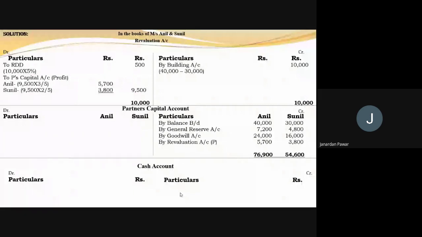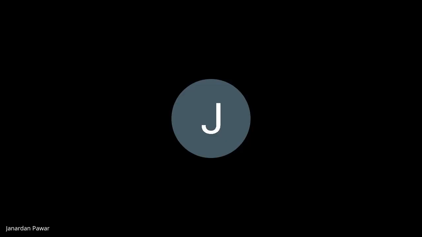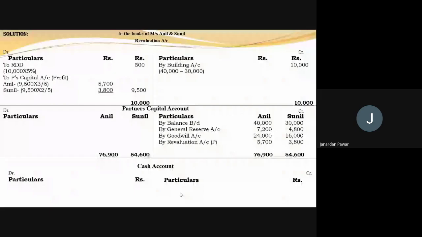So we have to take the total here of Anil and Sunil, that is rupees 76,900 and 54,600. We have to write this total at debit side also. So you can see on your screen, and the difference between both these sides we have to transfer to the new firm's account, or balance carried down, that is rupees 76,900 of Anil and 54,600 of Sunil.